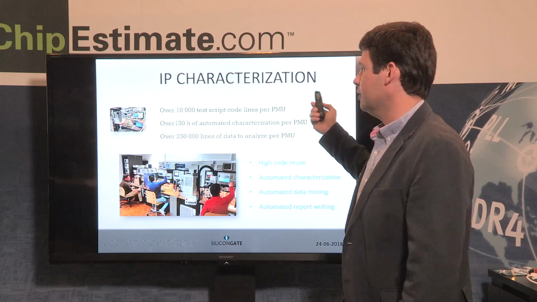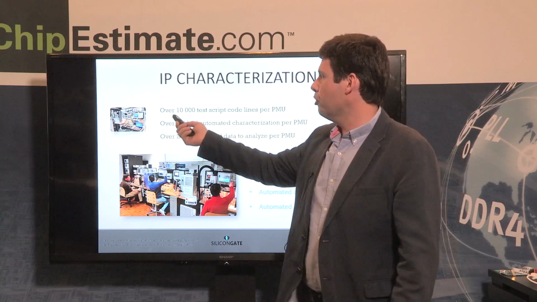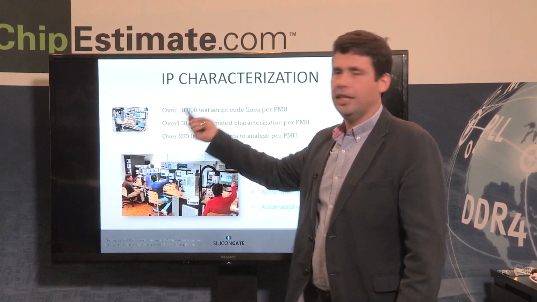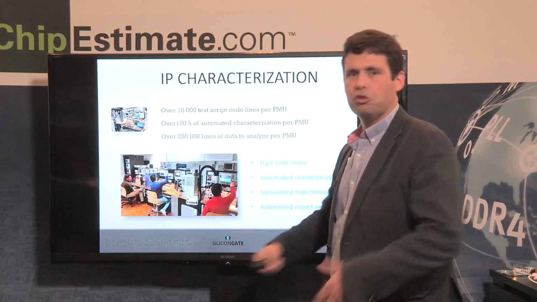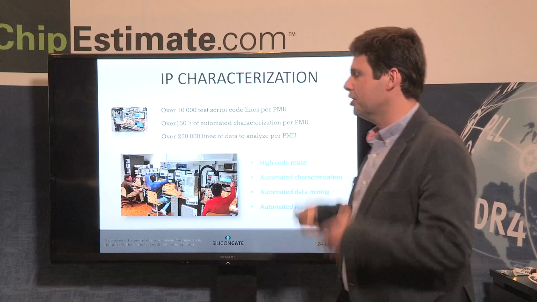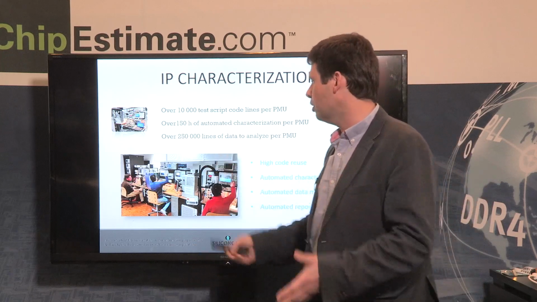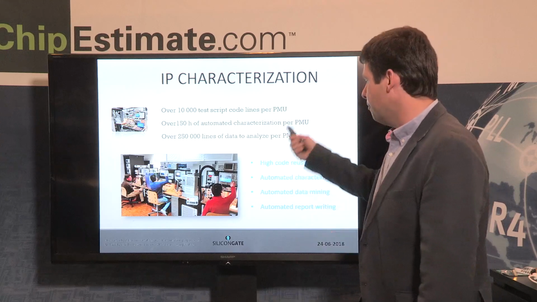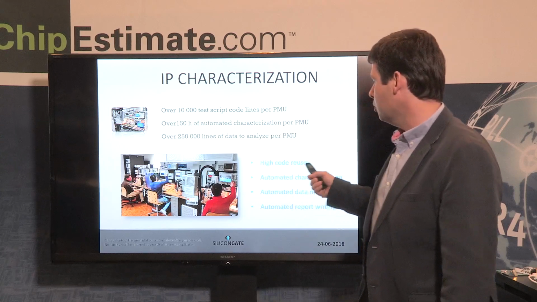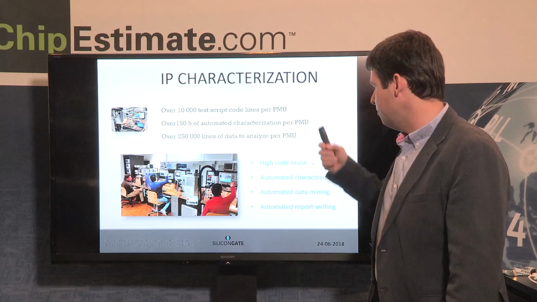And to be able to do that, it's normal for a PMIC to have over 10,000 lines of script, over 150 hours of automated data collection, of thousands and thousands of long lines of data going into a database. And that needs to be data mined. You need to have high code reuse so that you can characterize many PMICs.